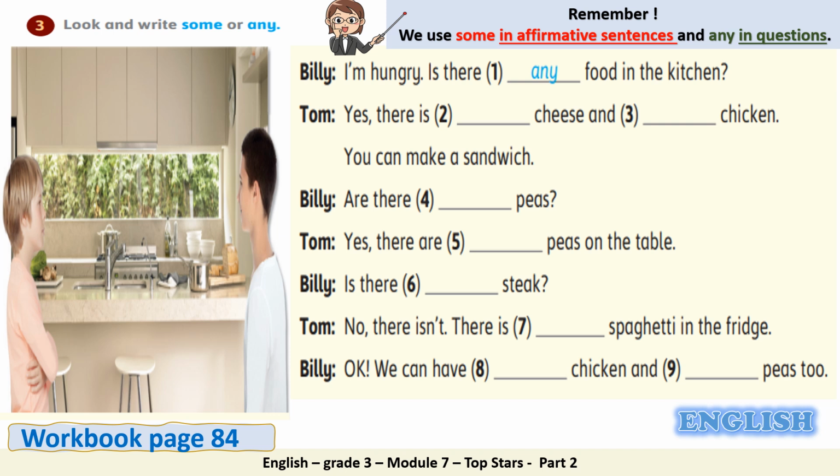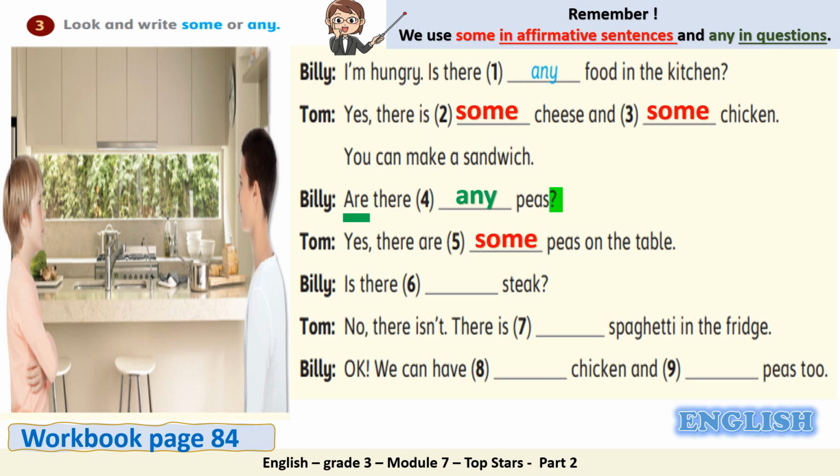Number 2. Yes, there is some cheese and some chicken. You can make a sandwich. Number 4 is a question. So we need to choose any. Are there any peas? Yes, there are some peas on the table.